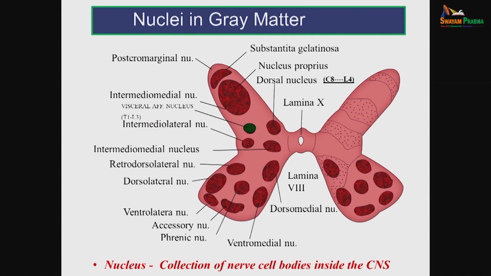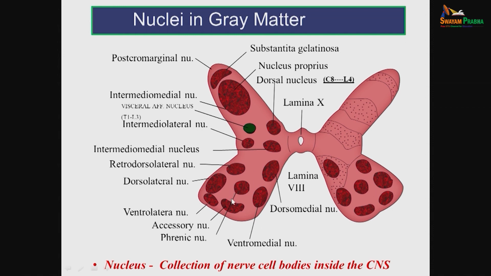Having learned this, now we are going to take the grey matter separately and learn the various neurons which are grouped. The collection of nerve cell bodies inside the central nervous system is called a nucleus. So, we are going to learn the various nuclei which are present in the grey matter. As I already mentioned, grey matter is composed of nerve cell bodies, that is, there is predominance of neuronal somata.